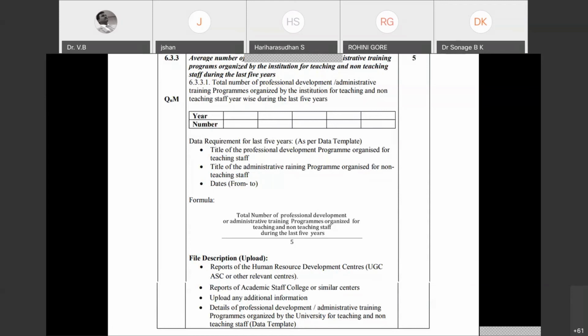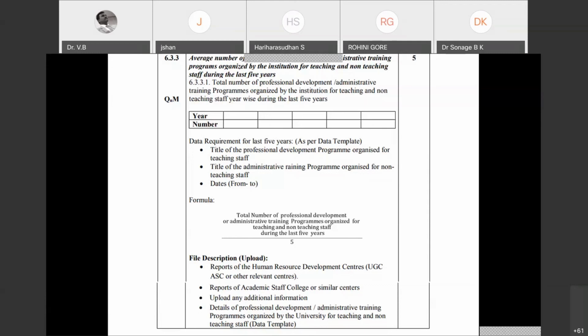So that is the data that has to be given over here. And the orientation program can be subject specific, course specific, or department specific for the faculties, or it can also be general as to personal development. And for administrative staff, what are the training programs that have been organized?